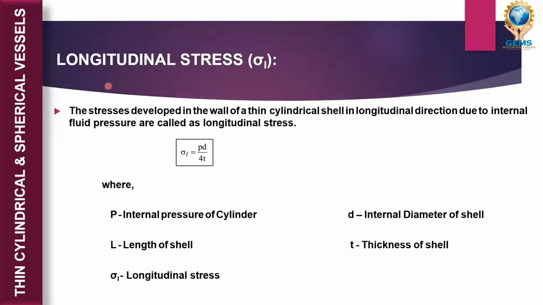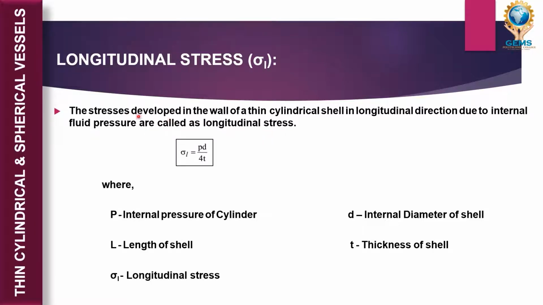Now longitudinal stress, which is denoted by sigma L. The stress developed in the wall of a thin cylindrical shell in the longitudinal direction due to internal fluid pressure is called longitudinal stress.